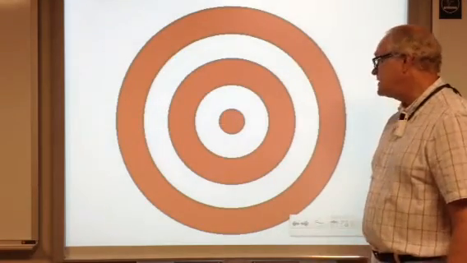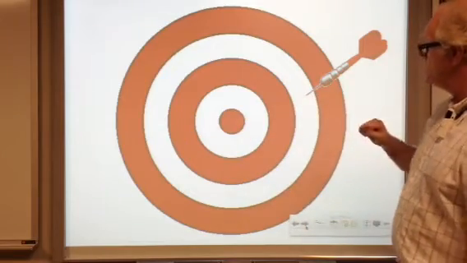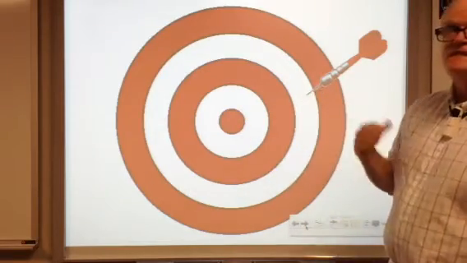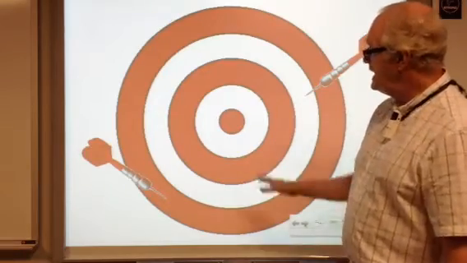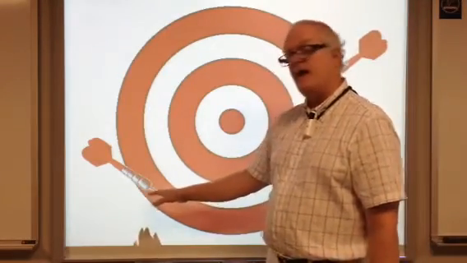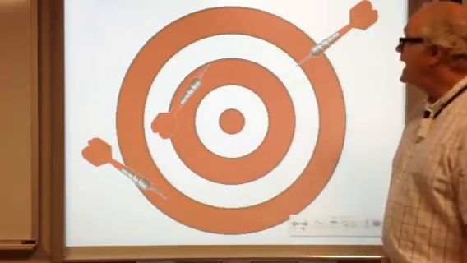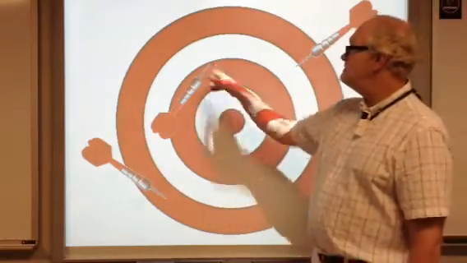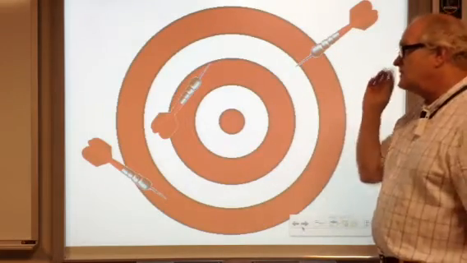Let's look at another example. Here's our target again. We throw a dart, we miss the bullseye. So we can say that this is not a very accurate throw. We throw another dart, and again we miss the bullseye. Also not a very accurate throw. And we throw yet another dart, we miss the bullseye by a little way. So again, not a very accurate throw.